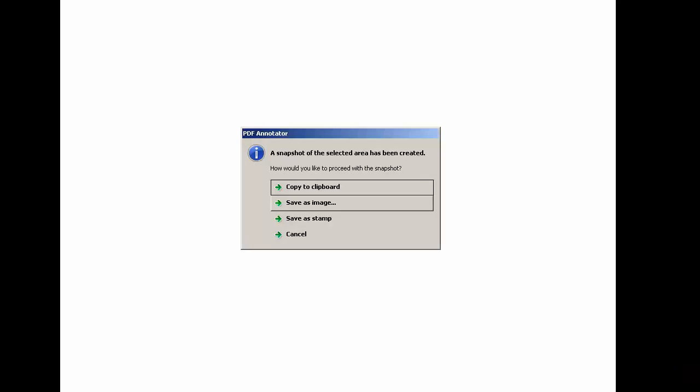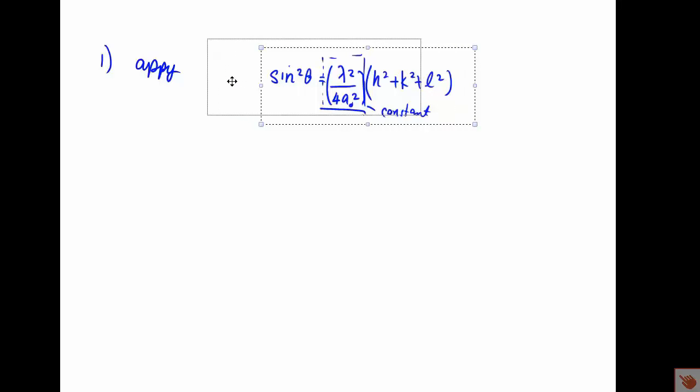But first I'm just going to tell you step by step what we're going to do. The first step is we want to apply the equation that we just derived earlier on. This equation.